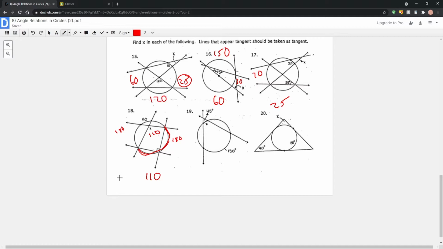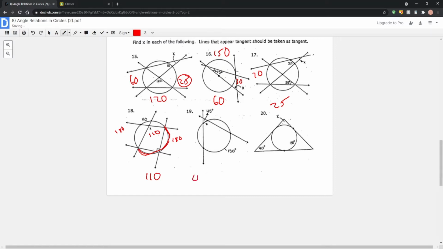Oh, right. I didn't realize that they've given us 45 here. So using the secant tangent inscribed angle measurement theorem, instead of finding the inscribed angle, you could find the arc by writing it out a little differently.